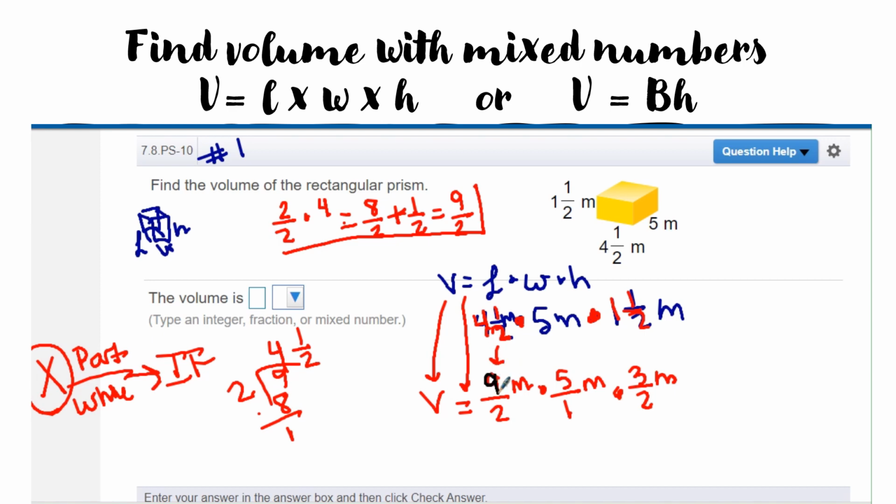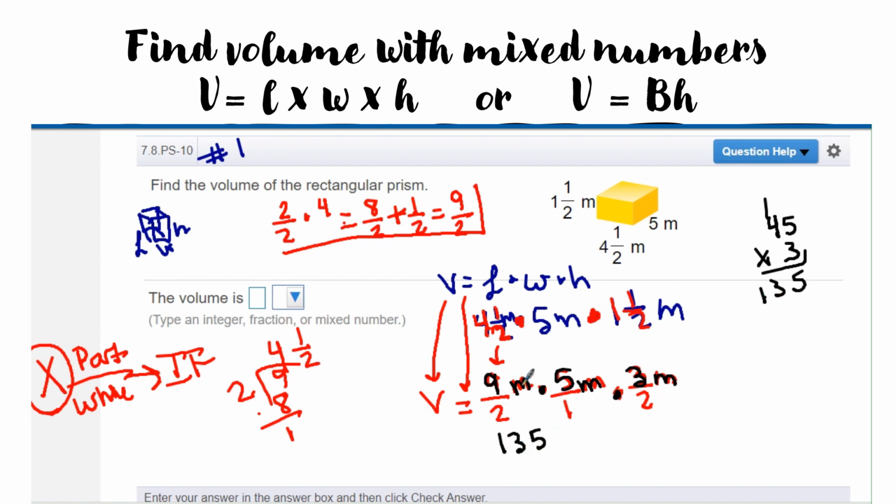We have to multiply 9 meters times 5 meters times 3 meters. So we have to multiply these numbers together. So I'm going to do 9 times 5, which is 45. And then 45 times 3 is going to give me 135 for my numbers.